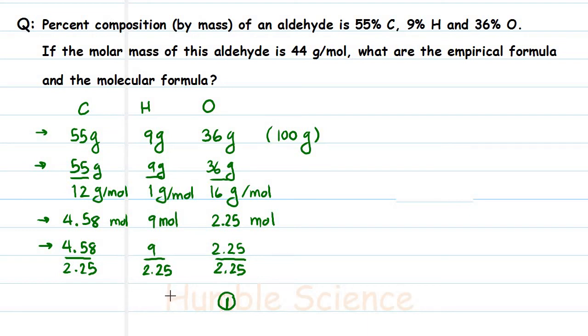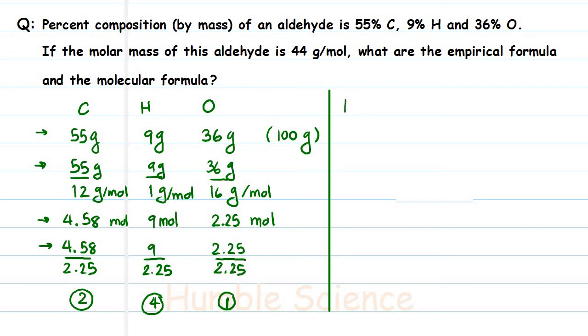And then for 9 divided by 2.25, that should be 4, and then that should be about 2. Alright, so the smallest ratio of this compound is 2 carbon, 4 hydrogen, and 1 oxygen.